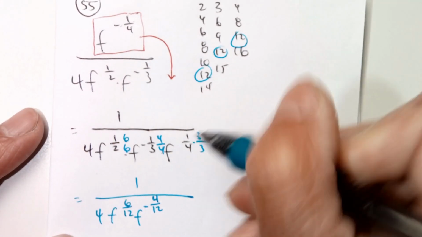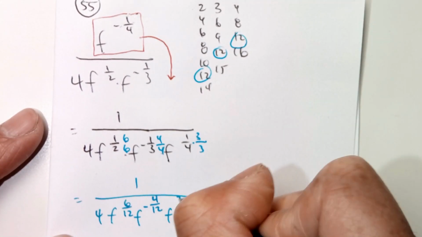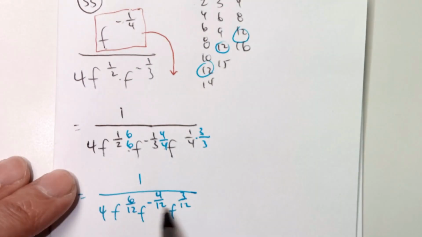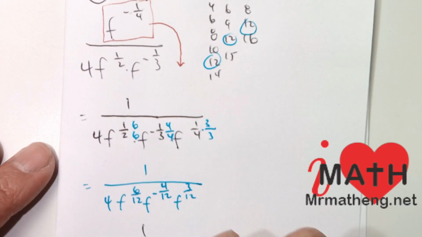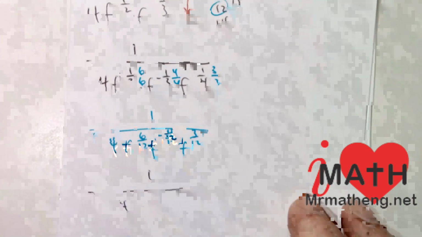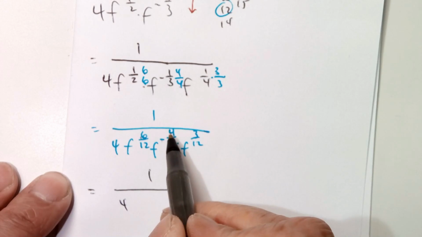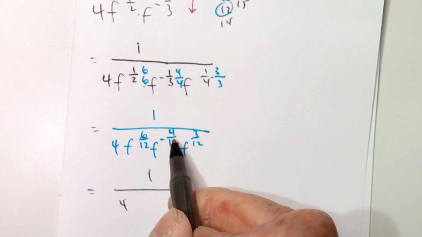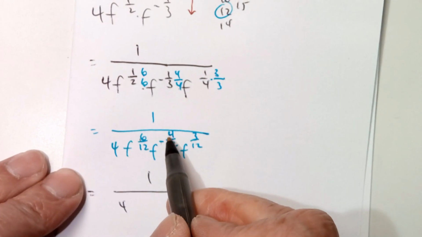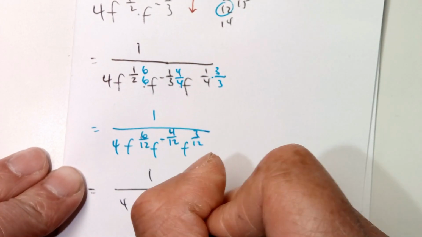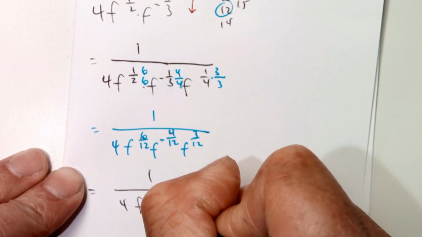And then f, I'm going to multiply this one by 3 over 3, so that would become my positive 3 twelfths. Okay, so they all have the common denominator, so let's go ahead. I have 1 over 4, 6 minus 4, plus 3 will give me 2 plus 3 is 5, so I get f to the 5 twelfths.